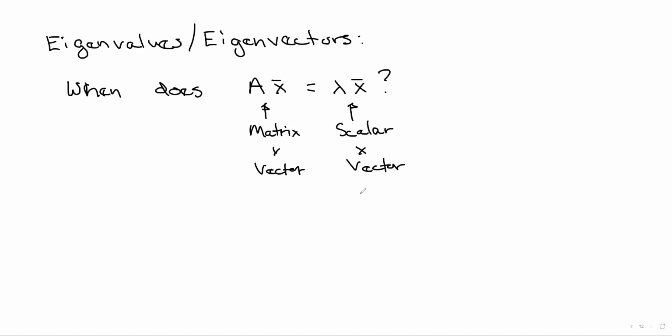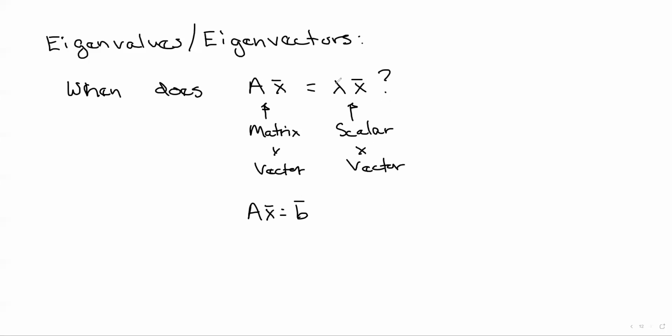Now, first of all, you might be questioning, wait, is that even possible? Is it even possible that a matrix times a vector could equal a scalar times a vector? Well, the answer is yes, right? So we know from the previous stuff that we've done that AX, if you multiply that together, you could get B, where B would be a vector. If X is a vector, an n by 1 thing, then we would get n by 1 here.